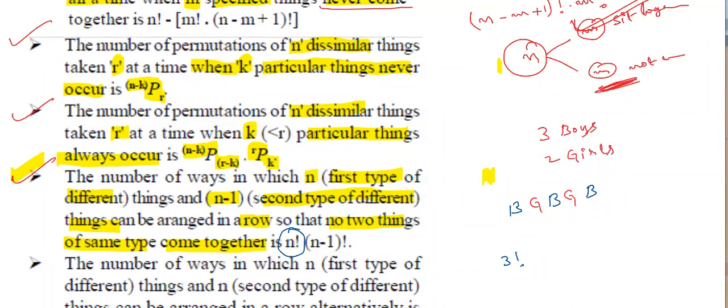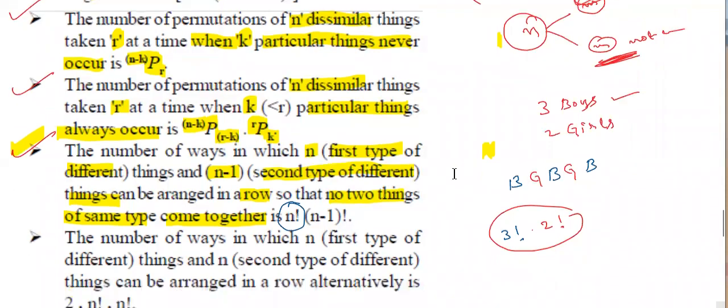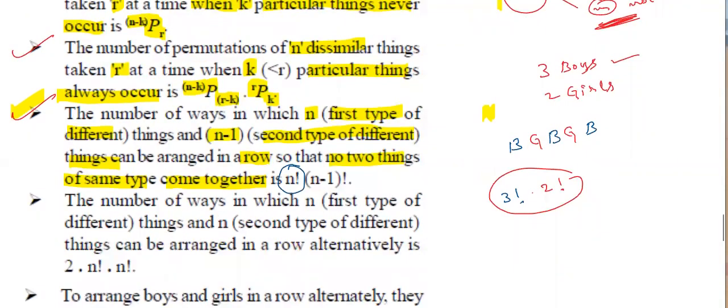The first place should be boy, next should be girl, so it is possible. Two girls can be arranged in two factorial ways because boys are more than girls. At that time, the girls can be filled in the middle of the boys, not the edges. Okay, right.